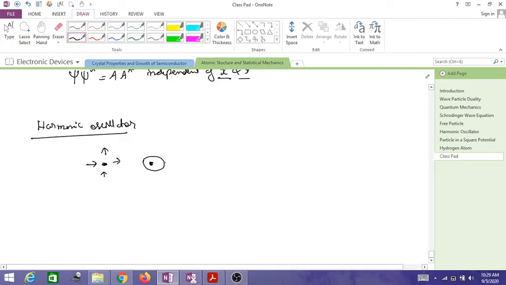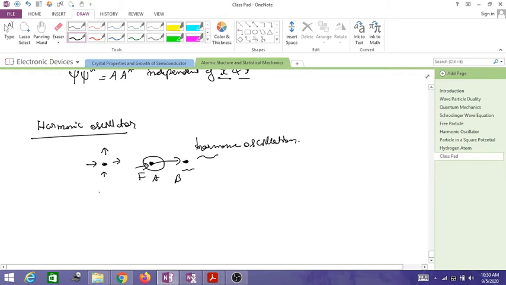If any force that is directly proportional to the displacement is exerted on this particle and it changes its position, it means it is displaced, then its motion executes simple harmonic motion. So the motion of this particle from position A to position B represents the harmonic oscillation. So hope you understood.